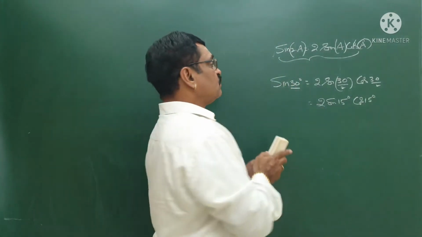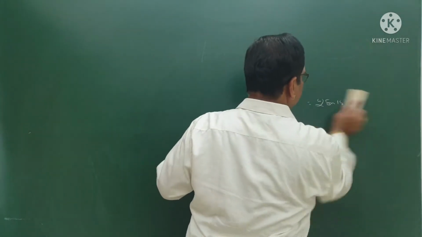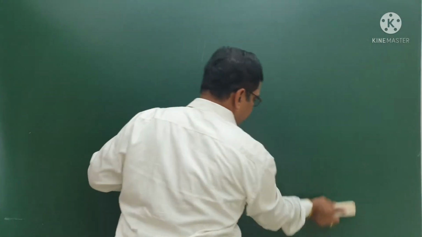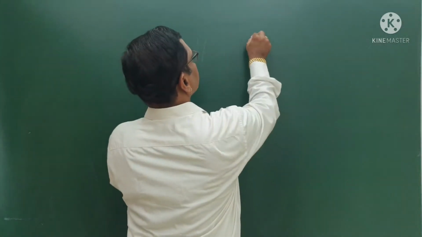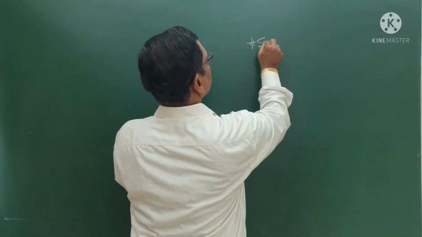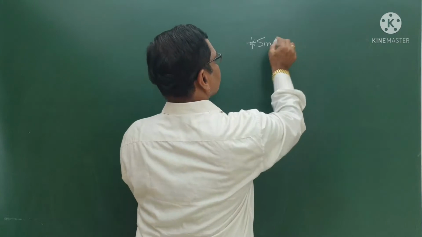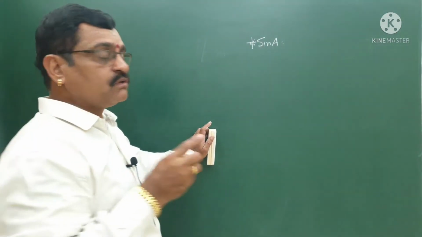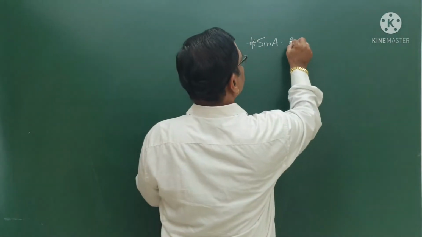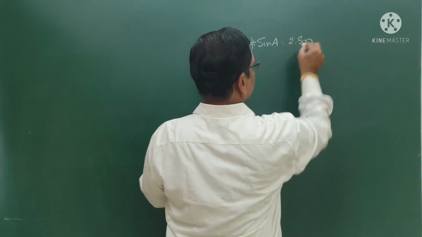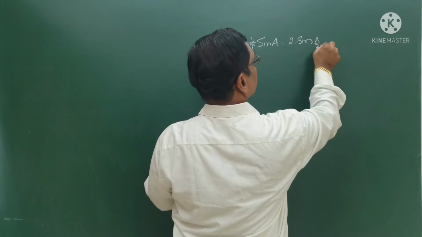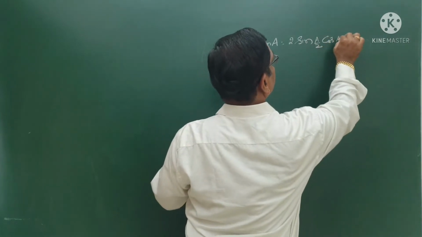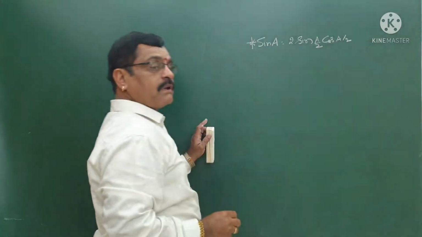So now I am going to derive some formulae using a very simple technique. Number 1, basic formula: sin A will become 2 sin A by 2 cos A by 2, the simple form.